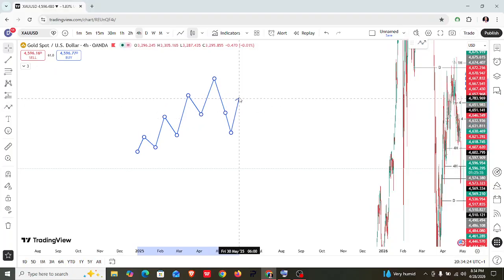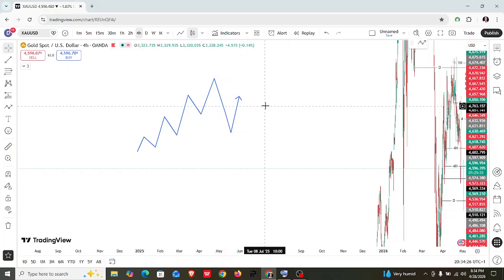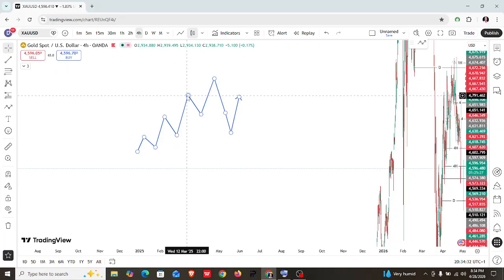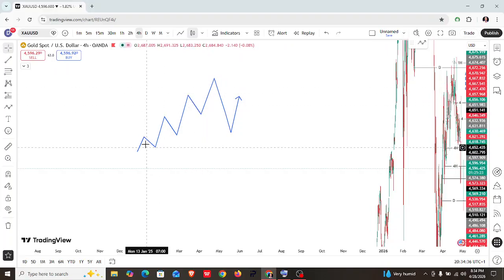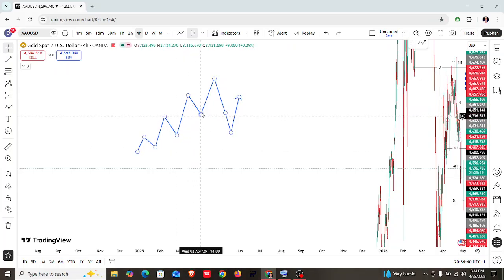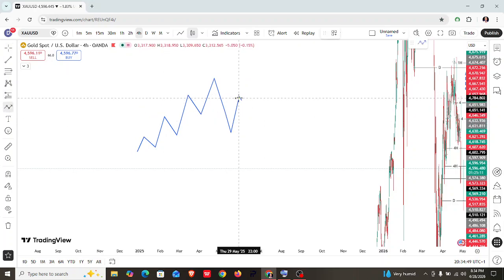So this is how market structure works. This is the recent high, recent low, higher high, higher low, higher high, higher low, higher high, and the market broke the structure and returned. When the market returns here, you should be expecting a sell to the downside.